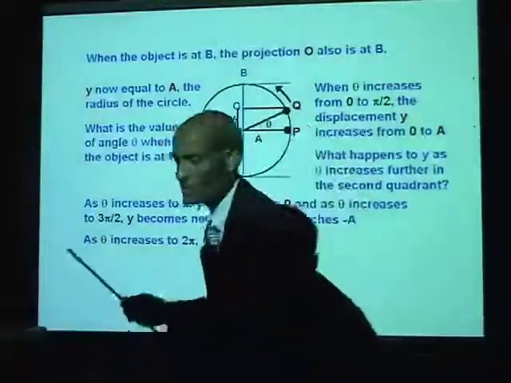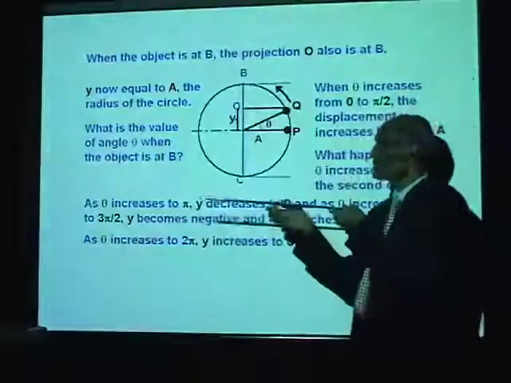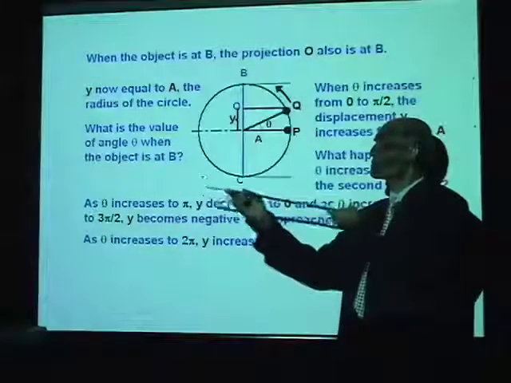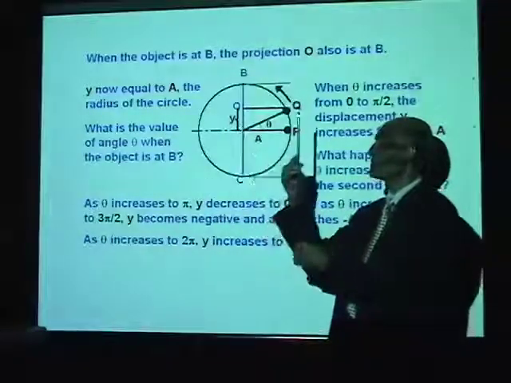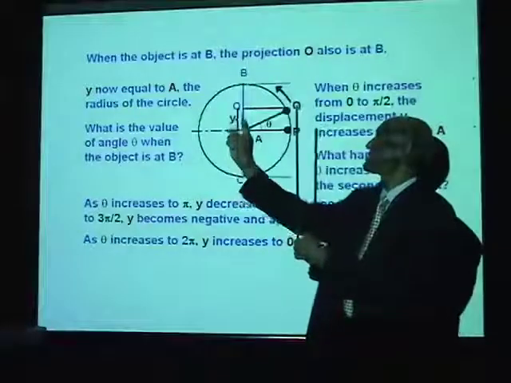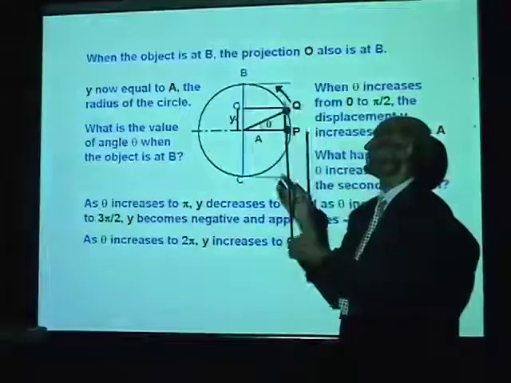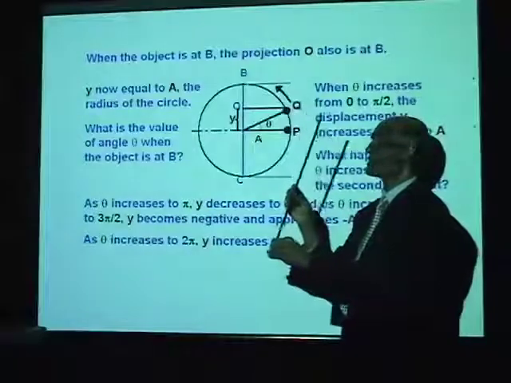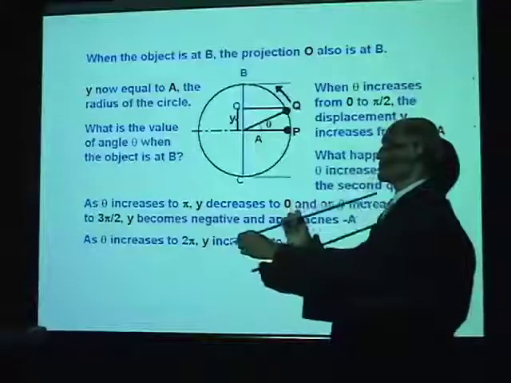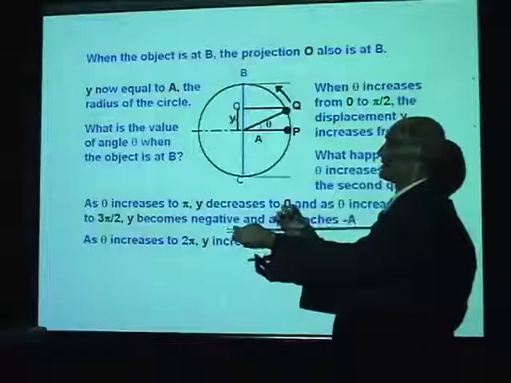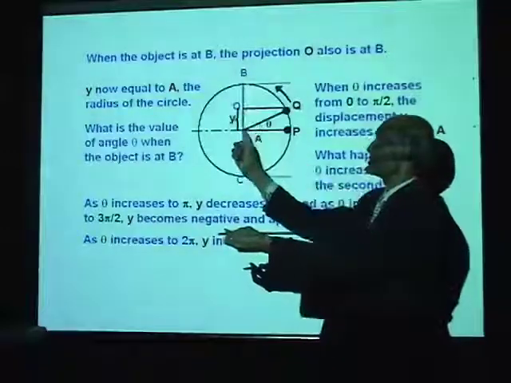So watch that one more time here. As the angle increases from 0 to pi by 2, y increases from 0 to A. And as the angle increases from pi by 2 to pi, y decreases to 0.